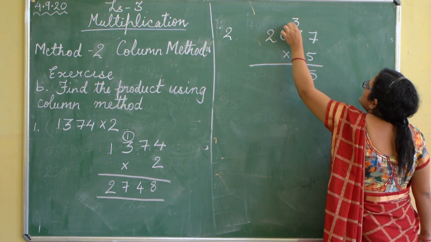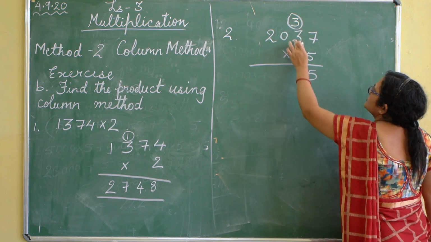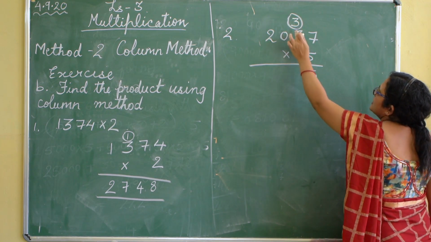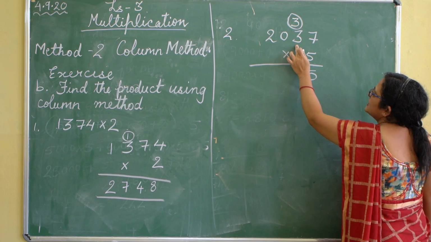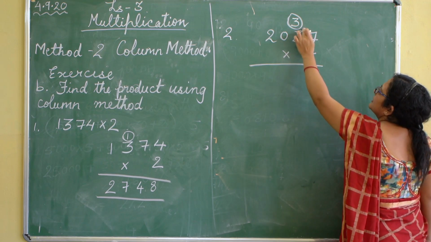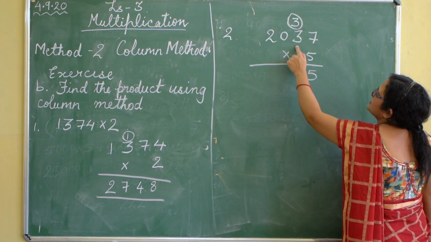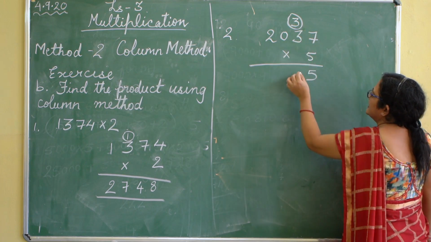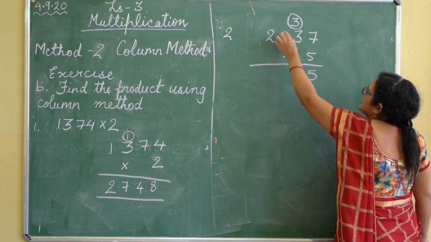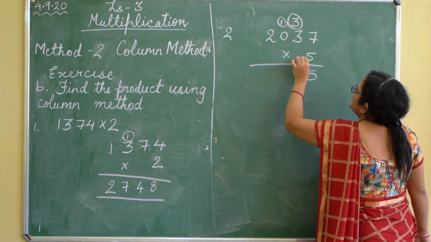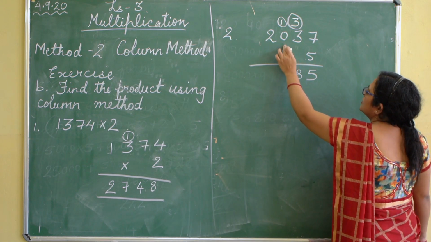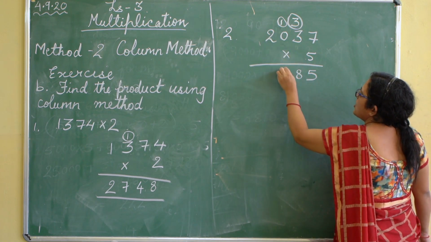How will you write? 5 here, 3 as the carry. 5 3s are 15. Now we will not write 15, but we will add the carry also. 15 plus 3 is 18. 8 here, 1 carry. 5 zeros are 0, and 0 plus 1 is 1.